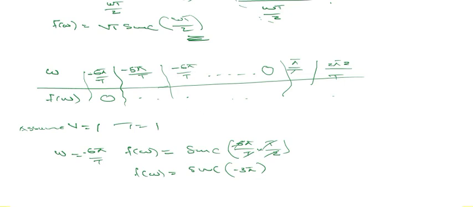Here we are taking the range from minus 6 pi over t to 6 pi over t. So you are going to plot this range. You can take any range, it depends on you. So let's assume we are taking this range.